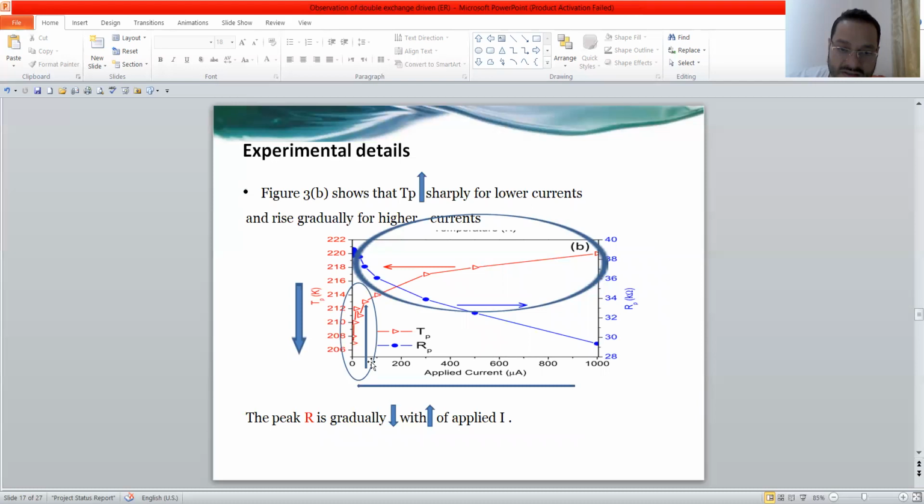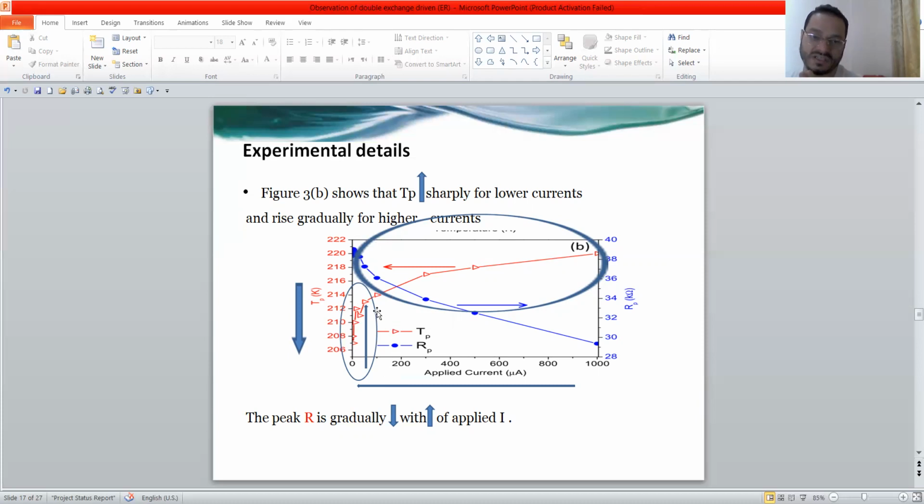The increase will be sharp, and then the increase keeps going but changes, from sharply, exponentially, to gradually, step by step for higher currents.